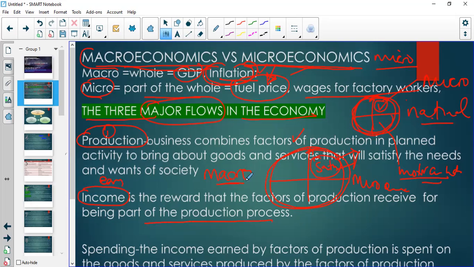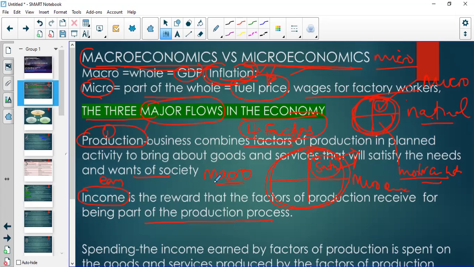Remember that in production, we combine those factors of production. We have 4. You can try to split them into 3 or 4 or 5, whatever you want, but we have 4 factors of production. When we combine these to produce the desired needs and wants of society, that's the first flow.